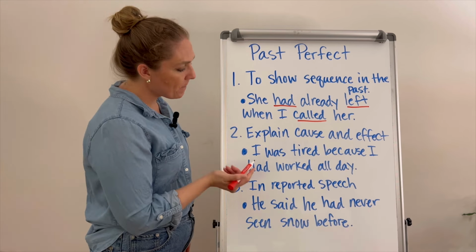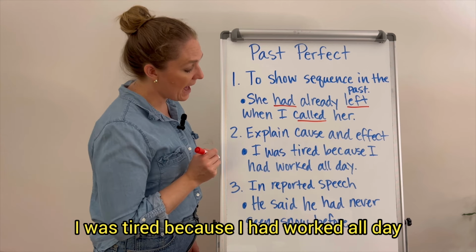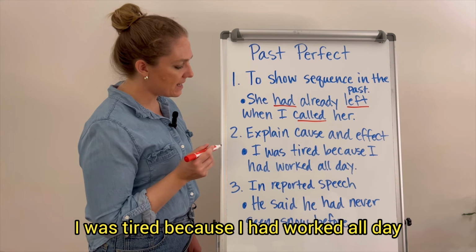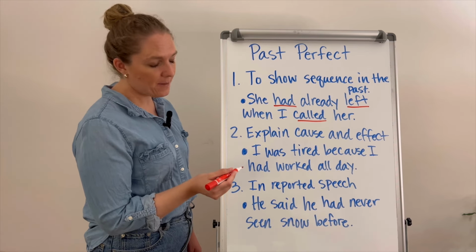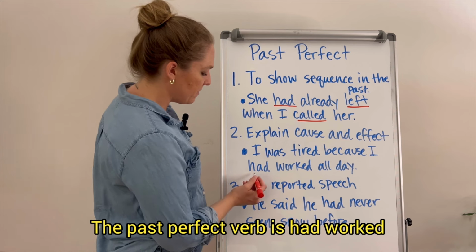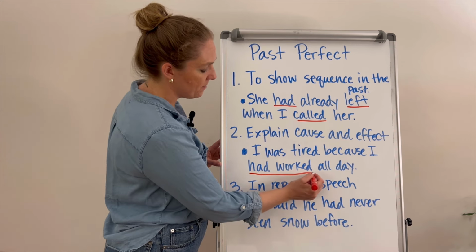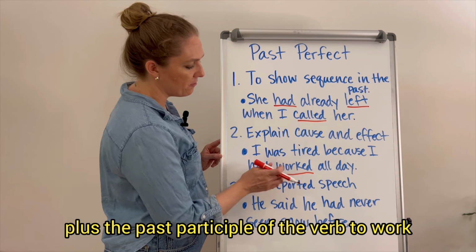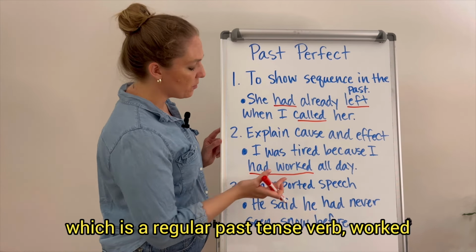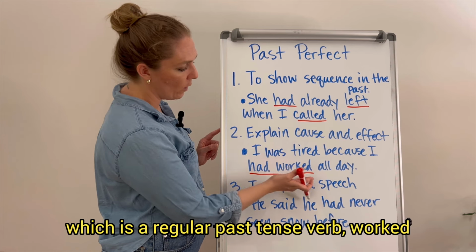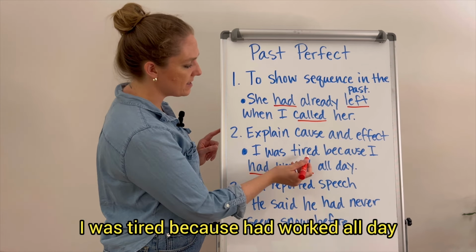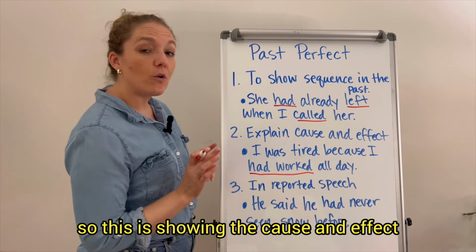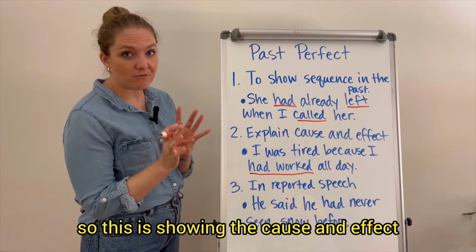So here, I was tired because I had worked all day. The past perfect verb is had worked, had plus the past participle of the verb to work, which is a regular past tense verb, worked. So this is showing the cause and effect.